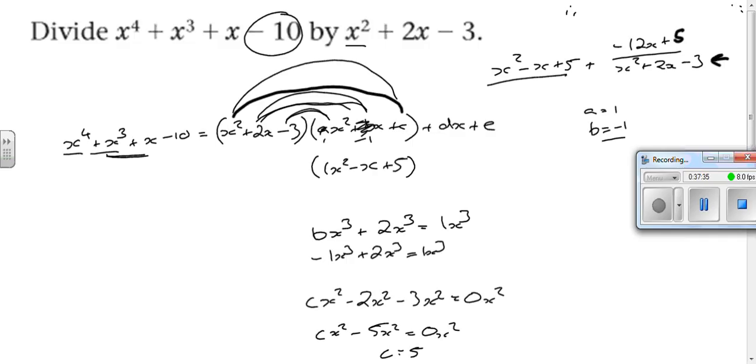So now we need to get the d and the e. The way we do that is we're going to have a look at the x. Now the x's need to add up to 1x. So the way we get x's is we do the minus 3 times the minus x, that's going to be plus 3x. We're going to do the 2x times a 5, so that's going to be plus 10x.